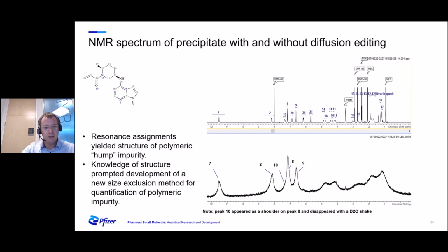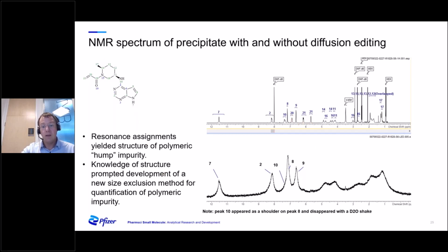So what you can see, for example, is that the peaks for 7, 2, 10, 8, and 9, which are from this aromatic region of the compound, are still present, as are a number of signals for the piperidine part. However, the signals for peaks 21 and 20, which are this olefinic moiety, have disappeared.